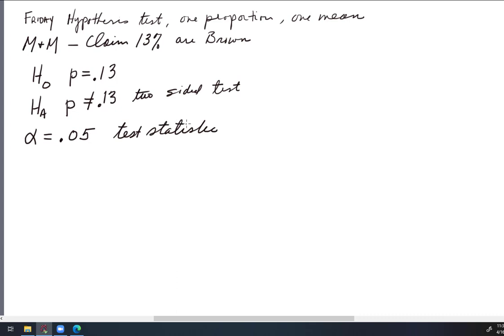If we're testing for one proportion, the test statistic is always going to be Z equals p hat minus p, over the square root of pq over n. And so that's one thing you have to remember.